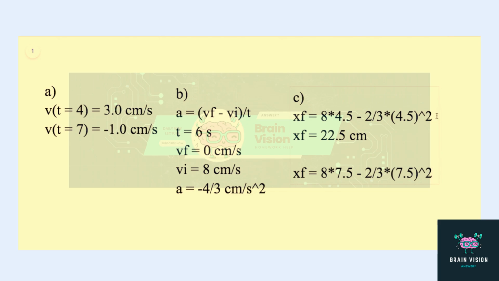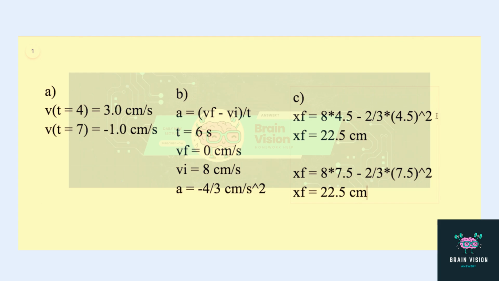Ooh, and we also get that during the first 7.5 seconds, the same distance traveled as during the first 4.5 seconds. Now, this may seem a little strange, but if we look at this graph again, we can see why this is the case.